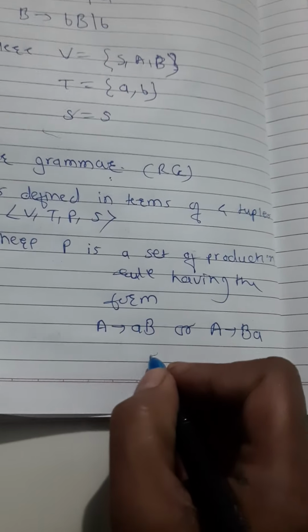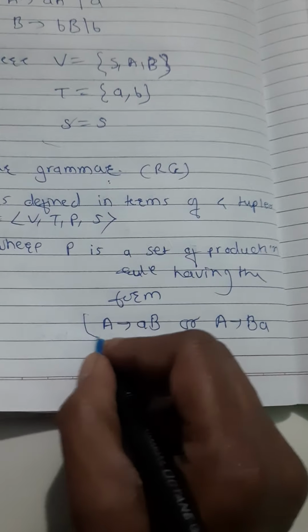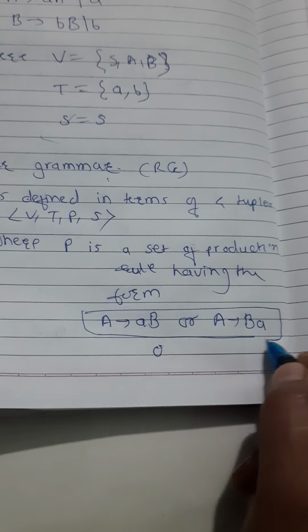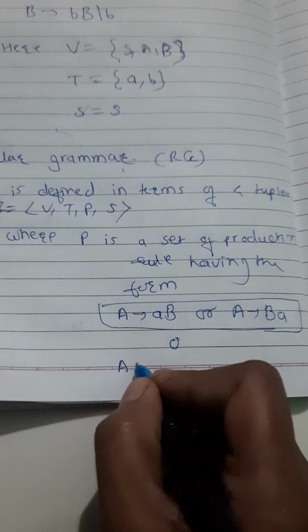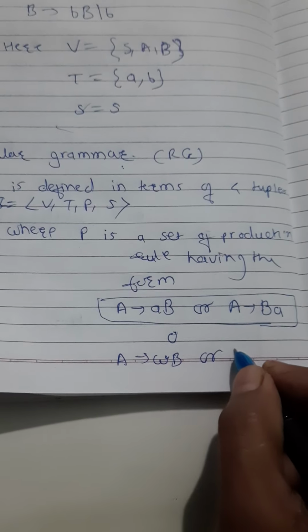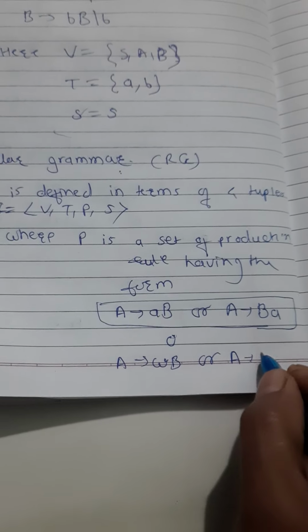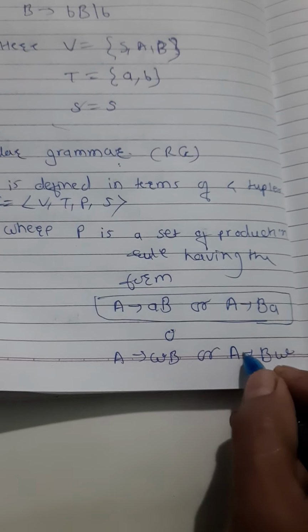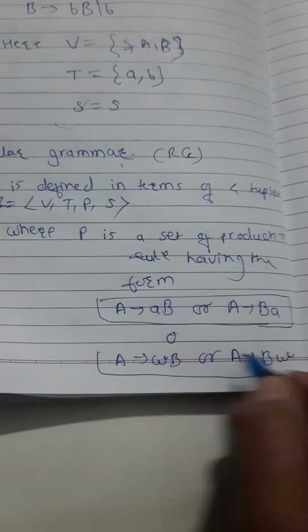Another representation is capital A gives WB, or capital A gives BW, where W is nothing but a string.